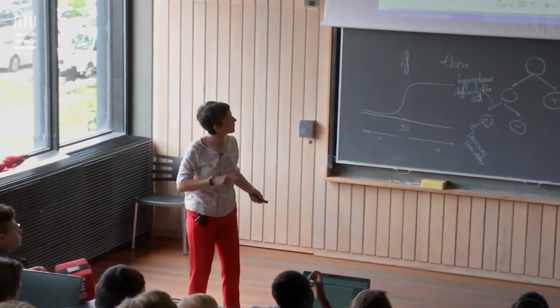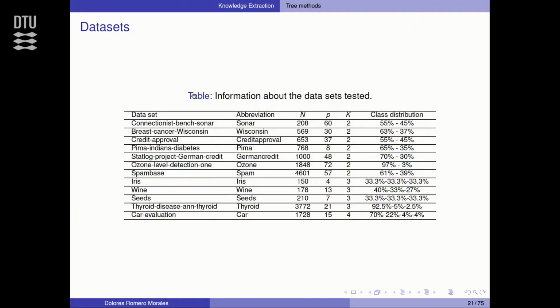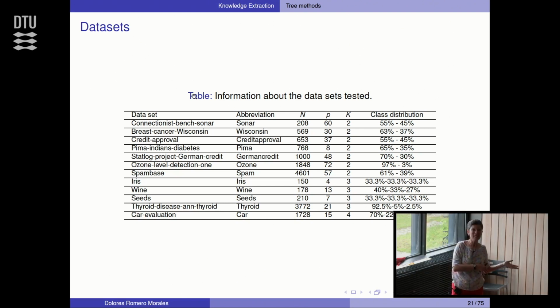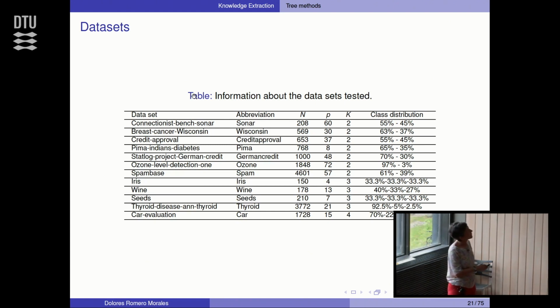For this one, we are redoing experiments to satisfy the needs of the referees, which normally tend to be quite a lot. We are revising these results, but anyway, they give you more or less an idea of what we have been able to achieve. So these are data sets that are standard in the literature. You may like them, you may not like them, but we have to use them because this is how we can test against other papers.